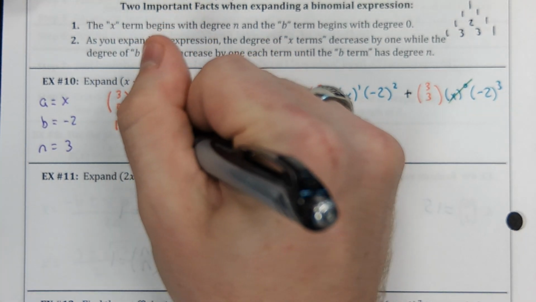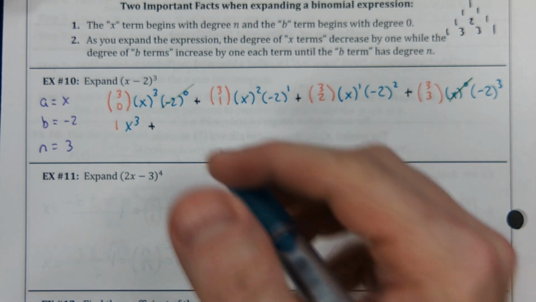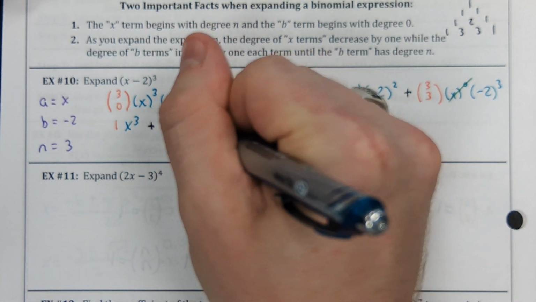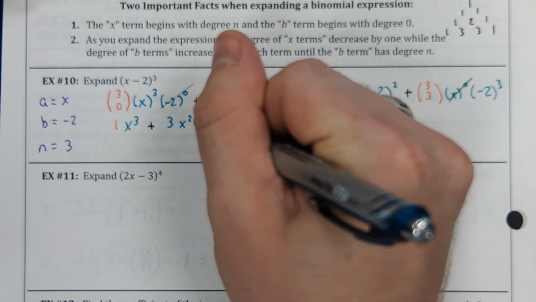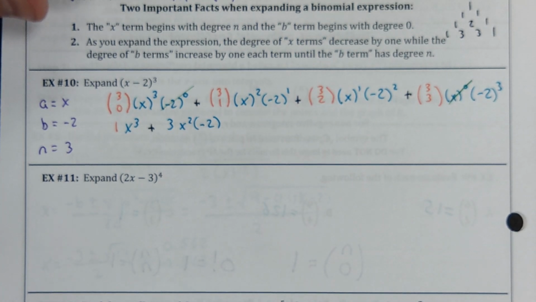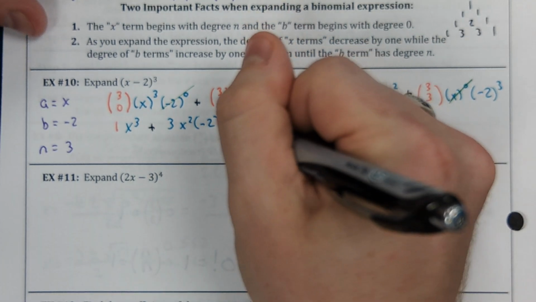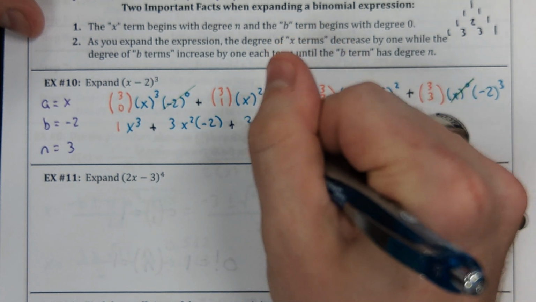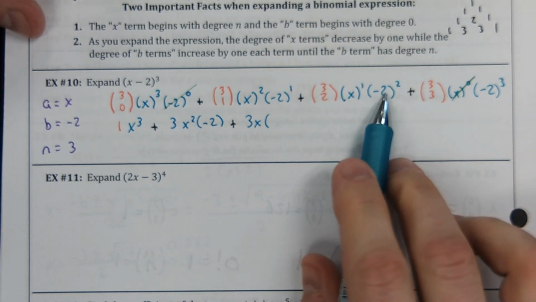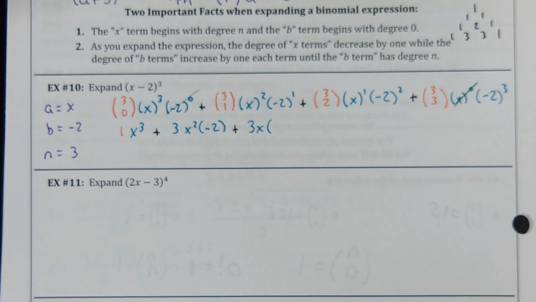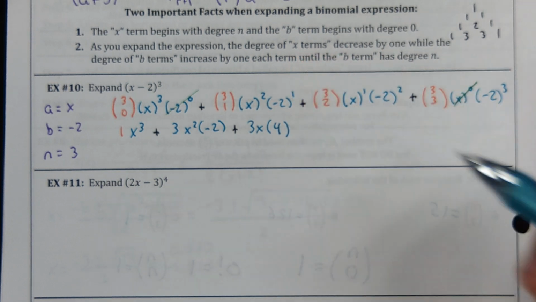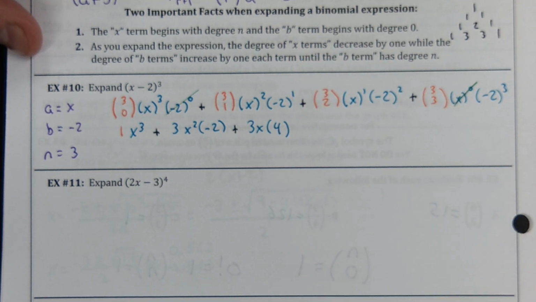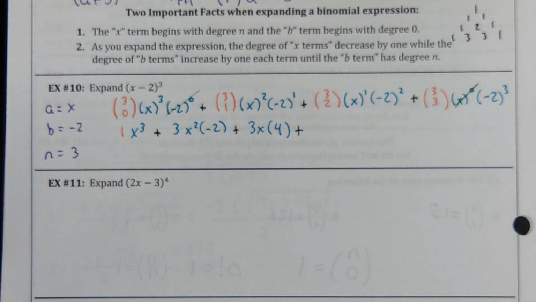And then 3x squared times negative 2. And then 3x times 4. And then 3 choose 3 is 1.